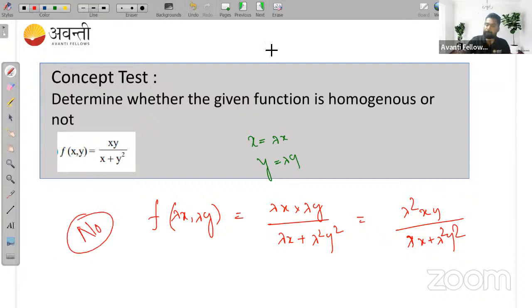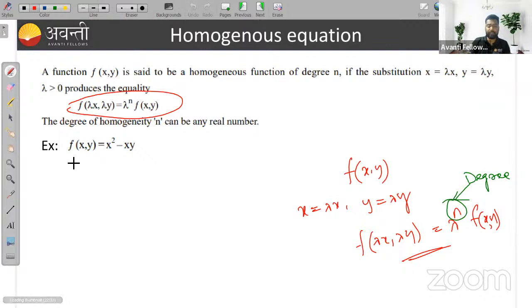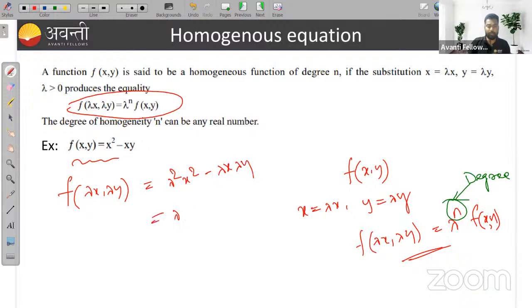In these examples, you can visualize here f of xy is equal to x square minus xy. If you put here lambda x, lambda y, you can check lambda square x square minus lambda x, lambda y, that is lambda square xy, and after taking lambda square as common, we are getting x square minus xy.